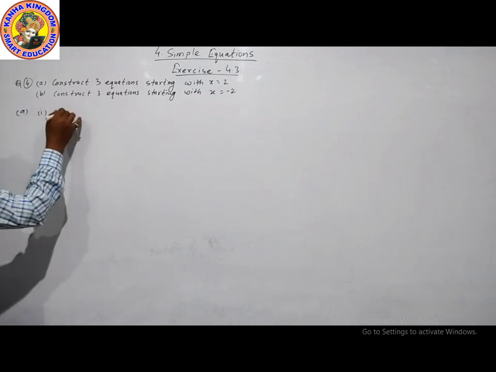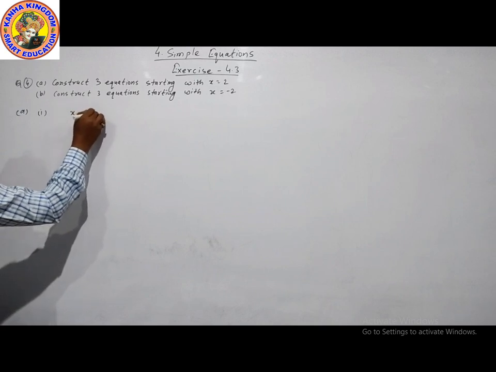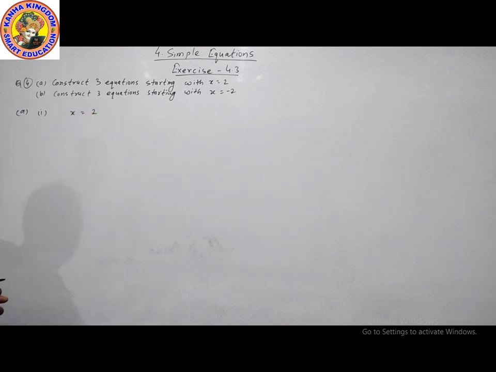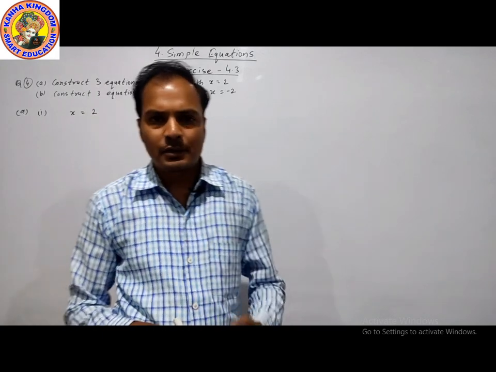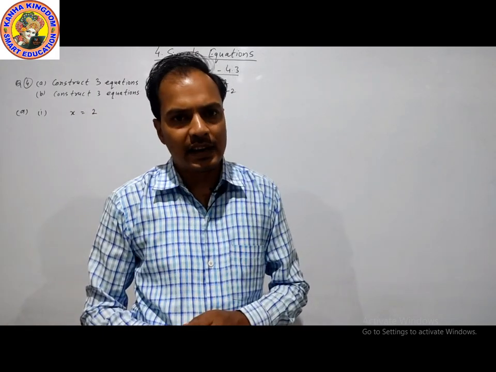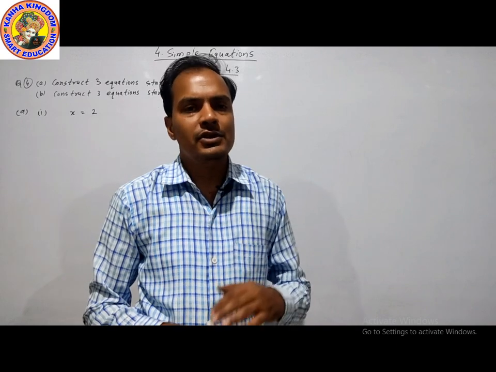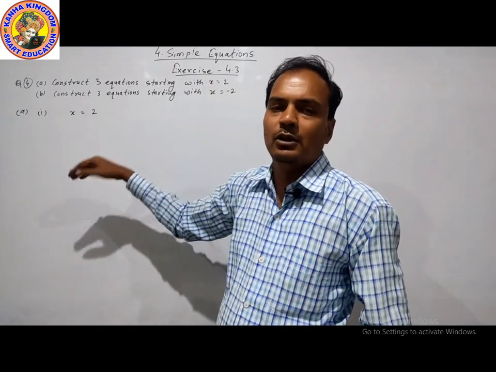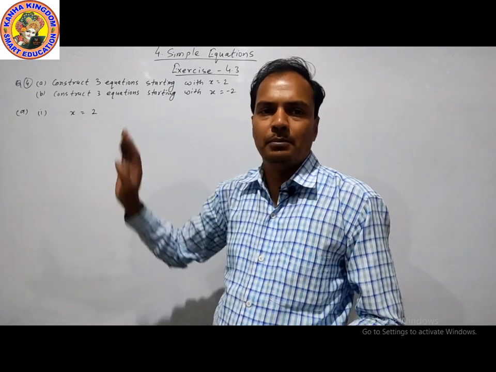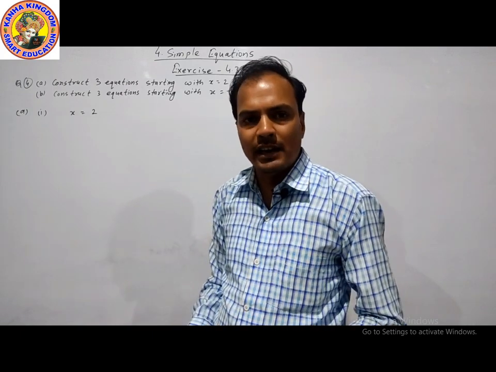The first equation, x is equal to 2. This is our solution. Now I am making an equation. As in previous equations, we did transposing then dividing. Here we will subtract 4, add 4, multiply by 2, divide by 2.